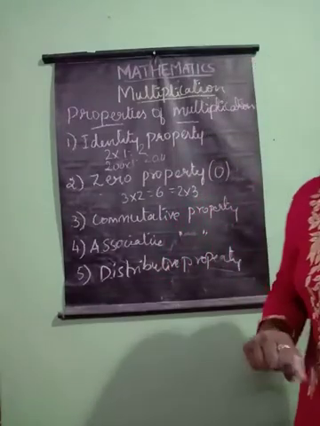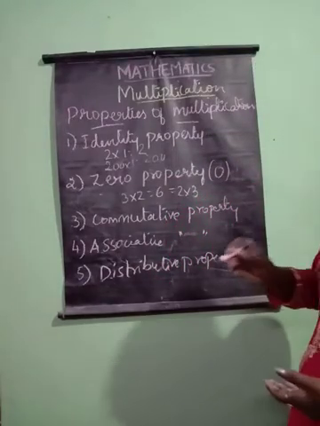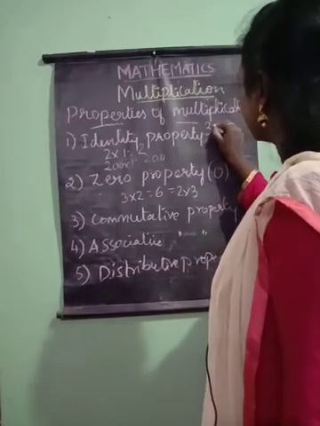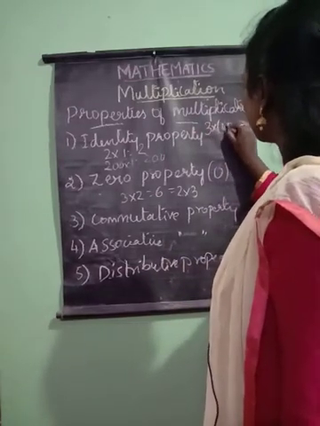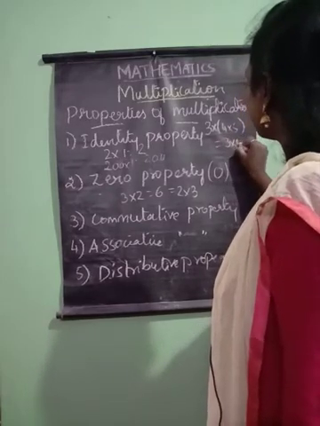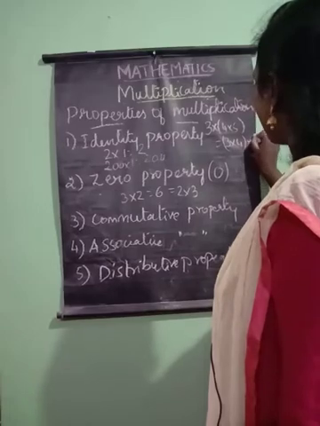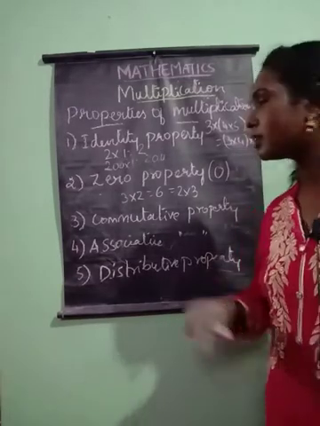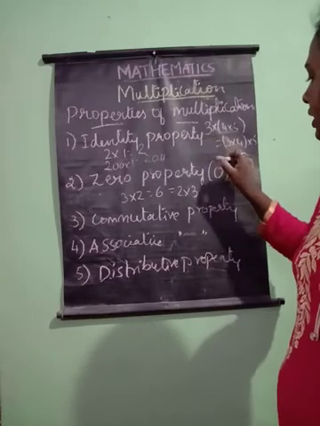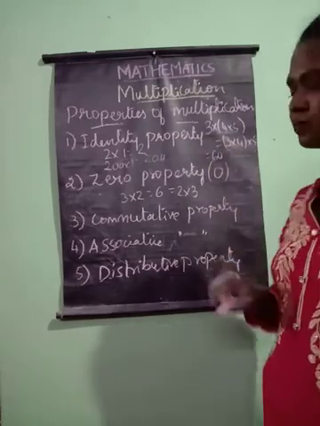Okay. In the associative property, like I explained in addition, see, 3 into 4 into 5 is equal to 3 into 4 into 5. See, 4 5s are 20, 20 3s are 60.